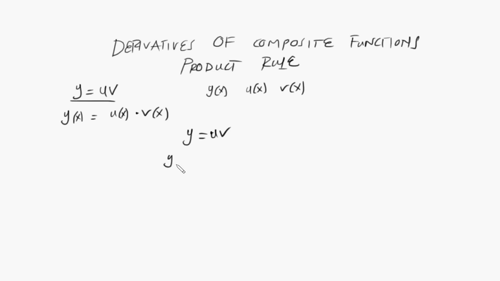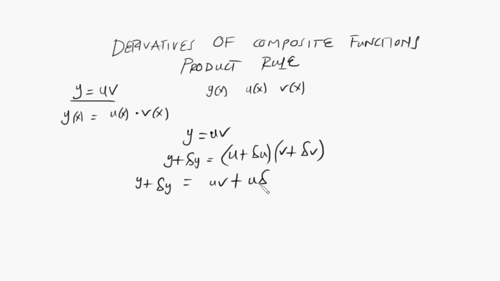When y increases, u increases and v also increases. So y plus delta y is equal to (u plus delta u) times (v plus delta v), which expands to uv plus u delta v plus v delta u, and of course plus delta u delta v.